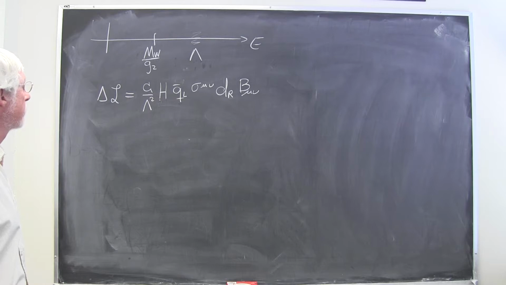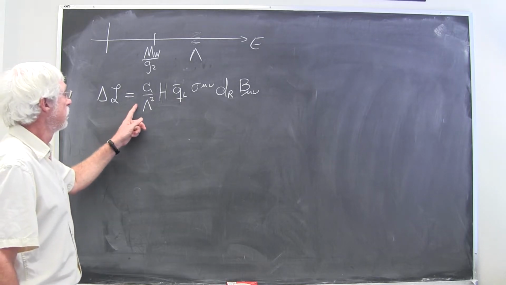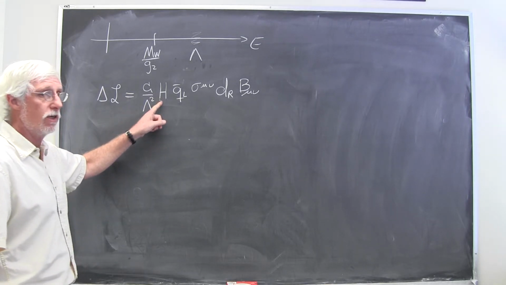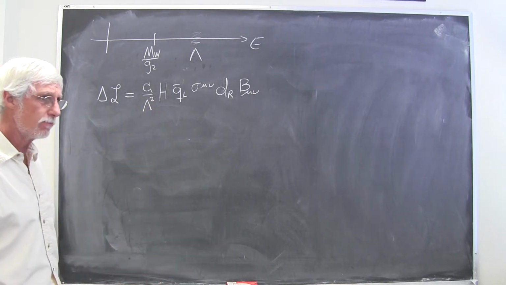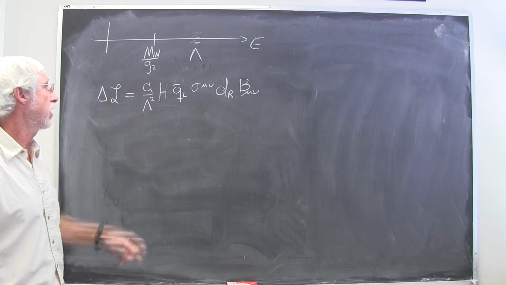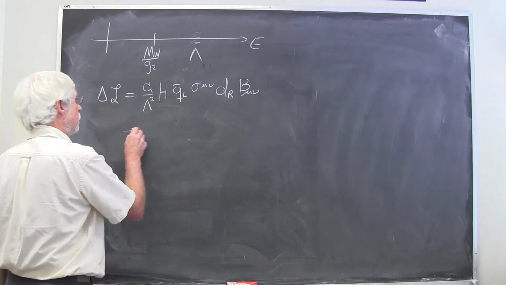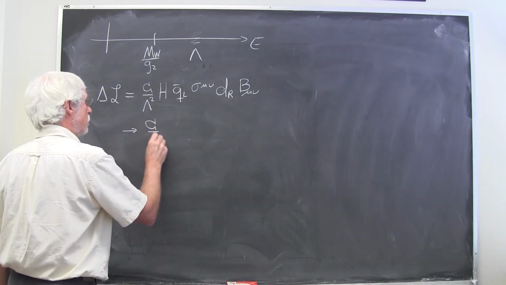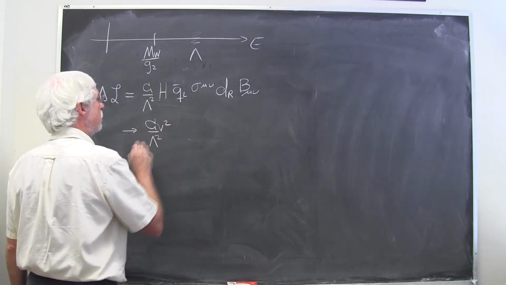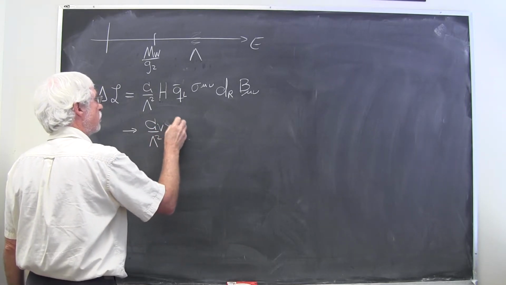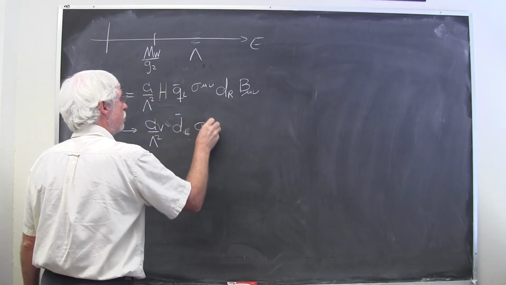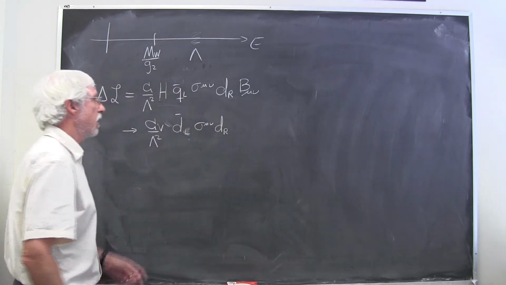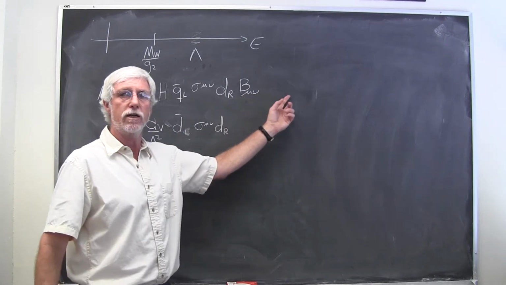Now, when electroweak symmetry is spontaneously broken and we shift the Higgs field, this is going to give rise to a term that looks like sigma c over lambda squared times v times d bar left sigma mu nu d right, and then a linear combination of the photon and Z fields.